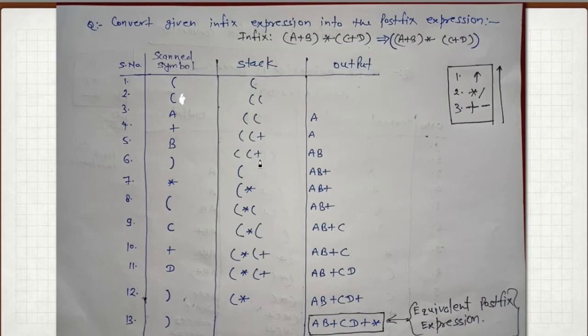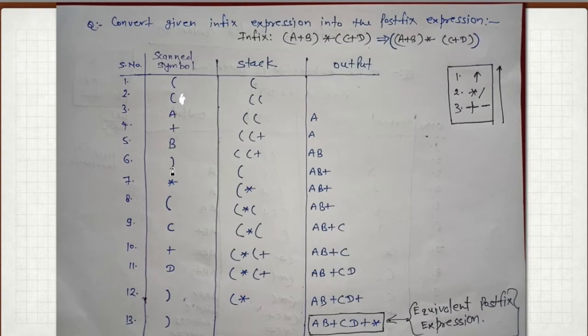Right? What is the meaning? When you are inserting the right parenthesis, that time it will pop all the elements inside this bracket, meaning this and this. Okay, so this is the right parenthesis.